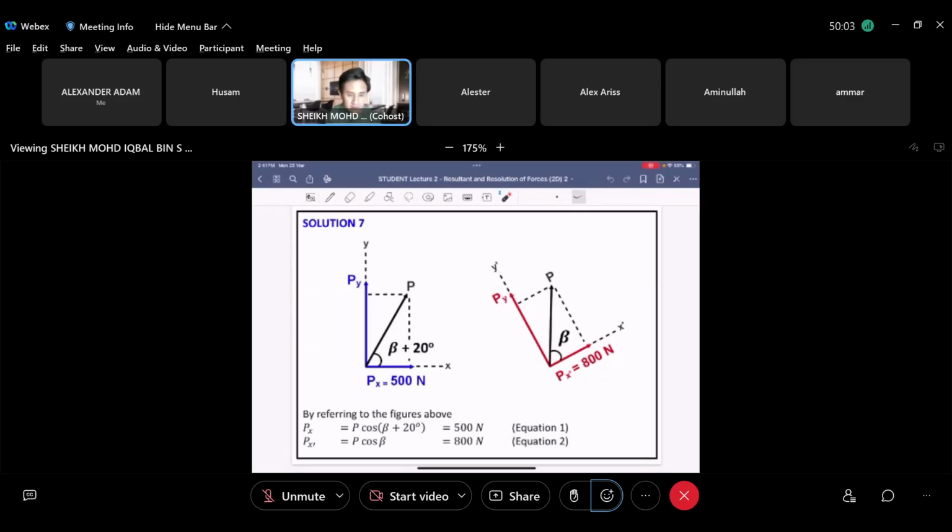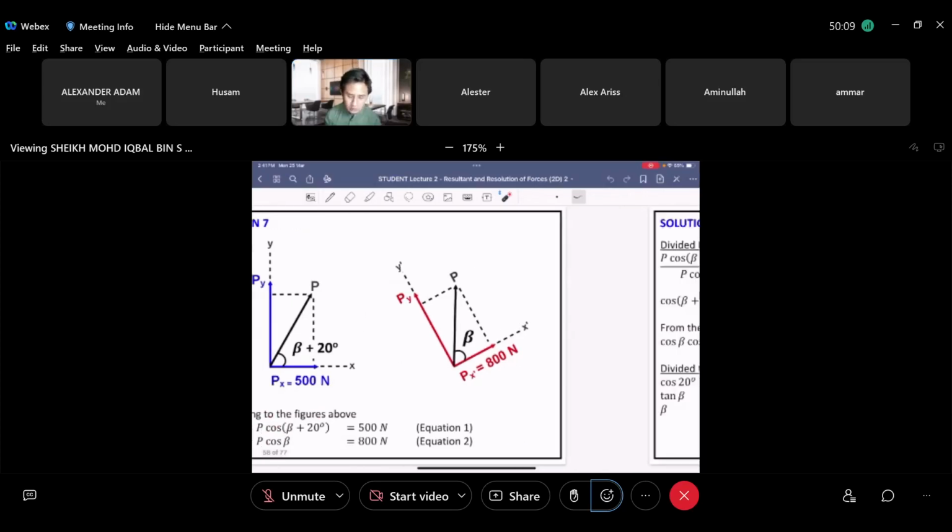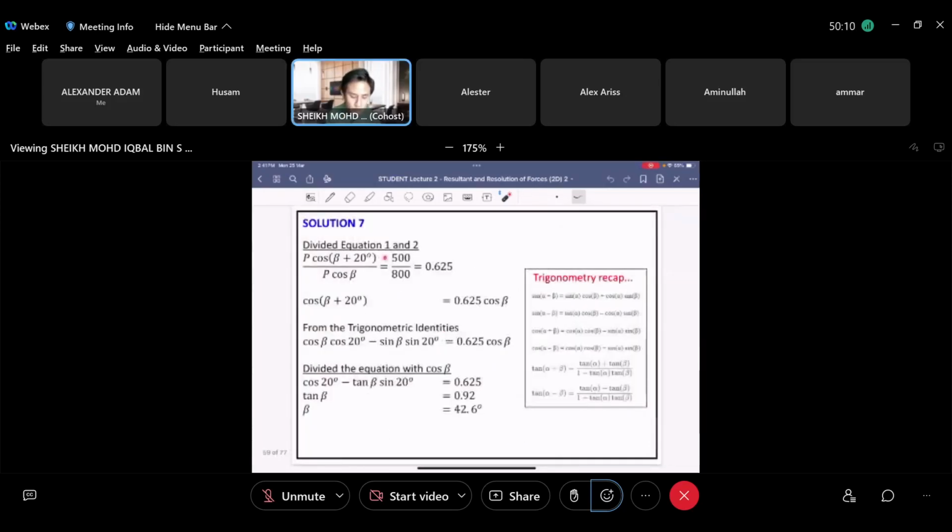When we divide these two, we will remove P here, right? So once we divide it, we remove the second unknown, which is P, right? So now we only have one unknown, which is beta, which is now something that we can solve, all right?